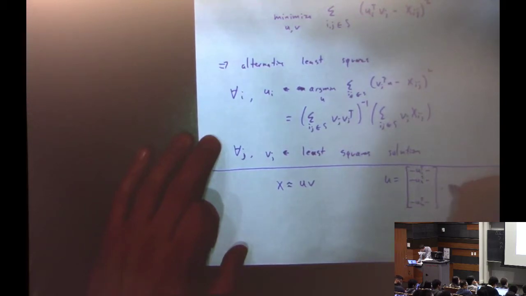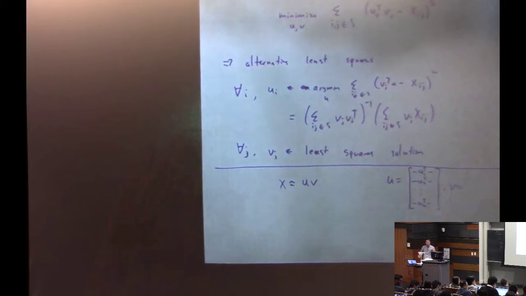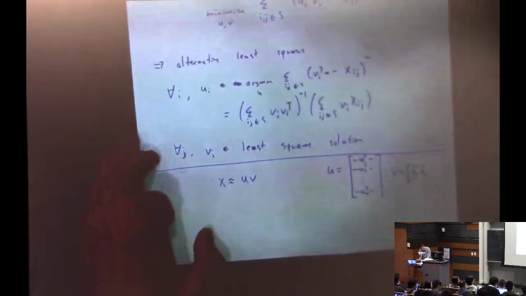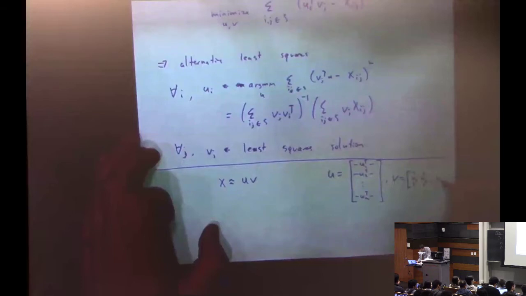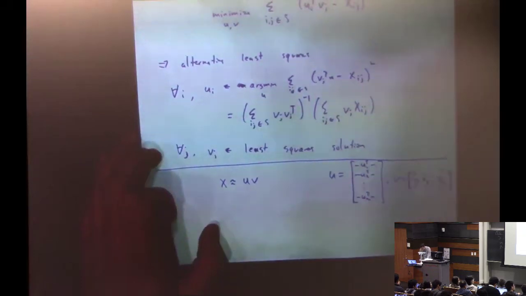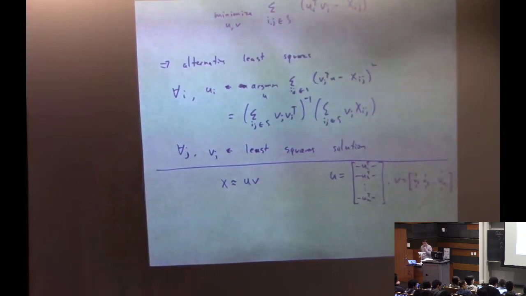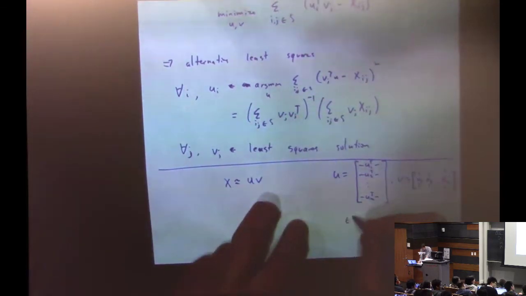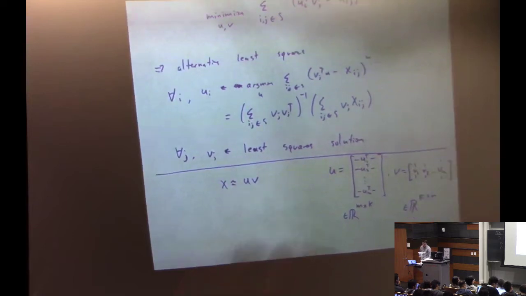And V is a matrix with the features of the items as the columns. So V1 is the first column, V2 is the second column, etc., up to Vn. Now, importantly, this matrix is going to be M by K dimensional, and this matrix is going to be K by N dimensional.